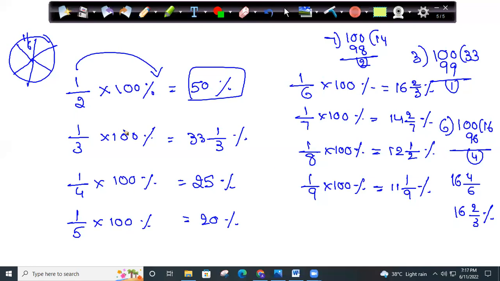Why? Because divide 100 by 9. 11 nines are 99. Remainder is 1. 11 1/9%.